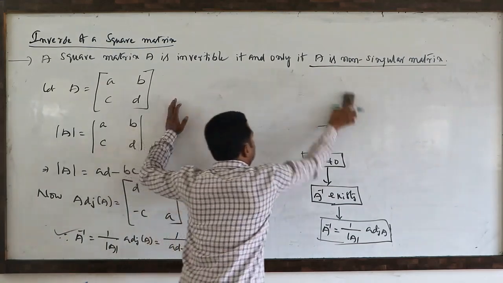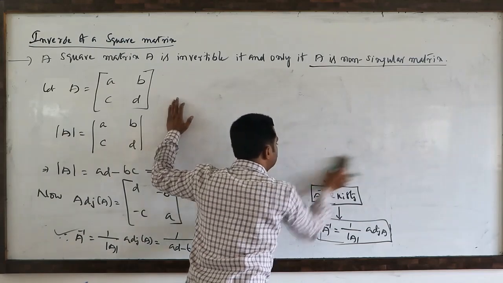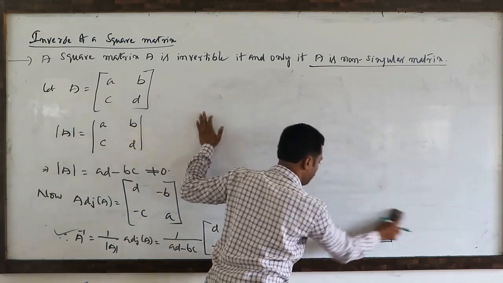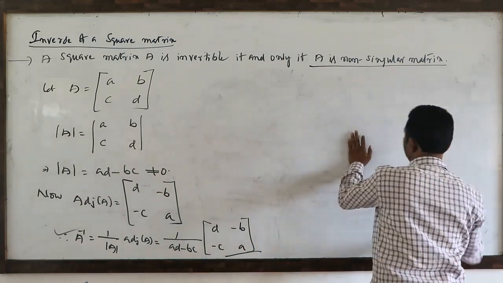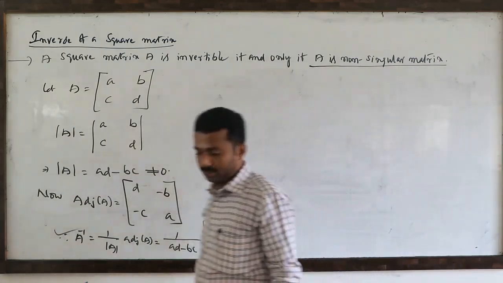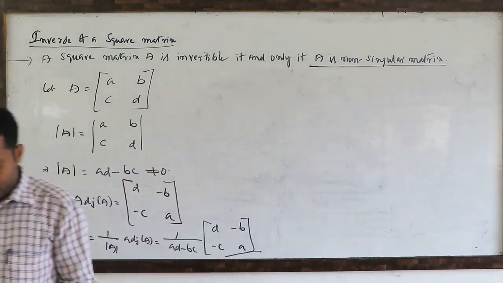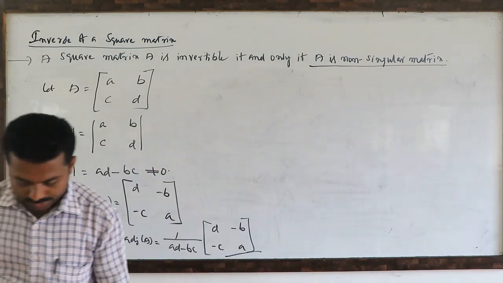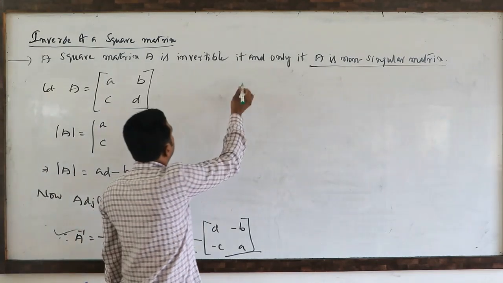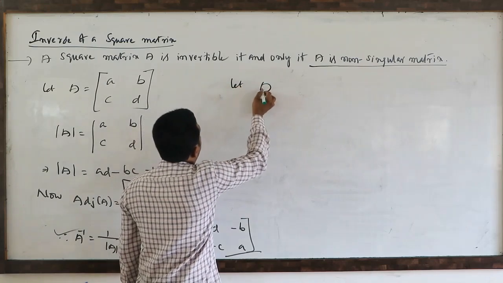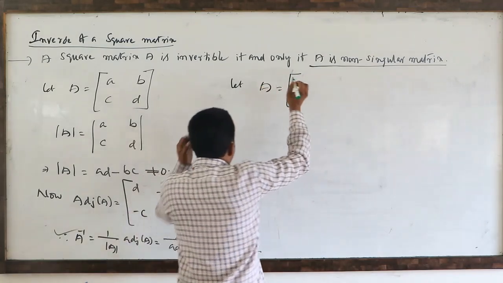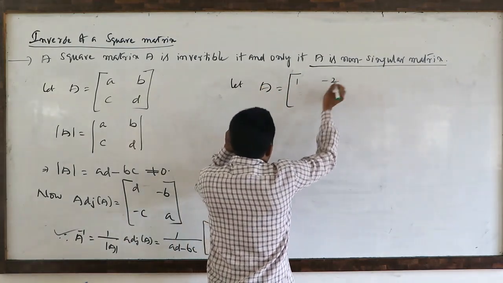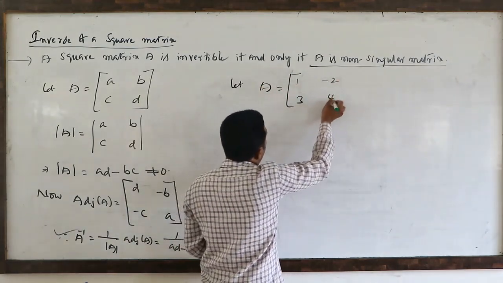Next, one problem. We will take any 2 by 2 matrix with some numerical values. Suppose this is [1, minus 2; 3, 4].